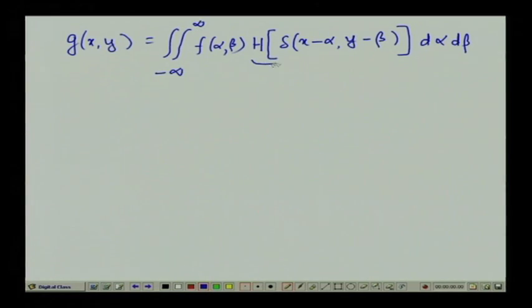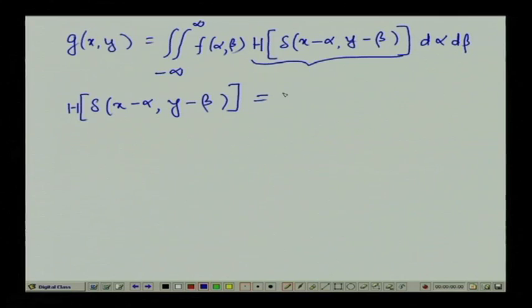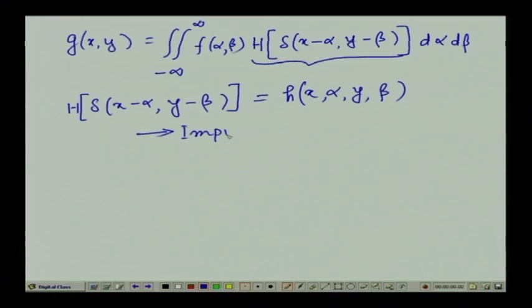Now, this particular term h of delta(x minus alpha, y minus beta), we can write as h(x, alpha, y, beta), and this is nothing but what is known as the impulse response of h.